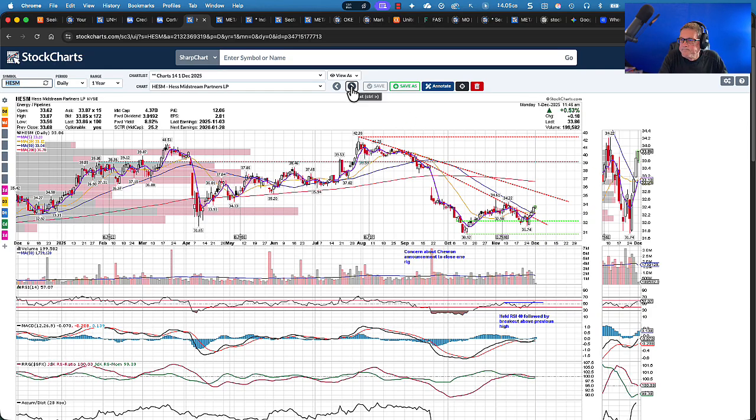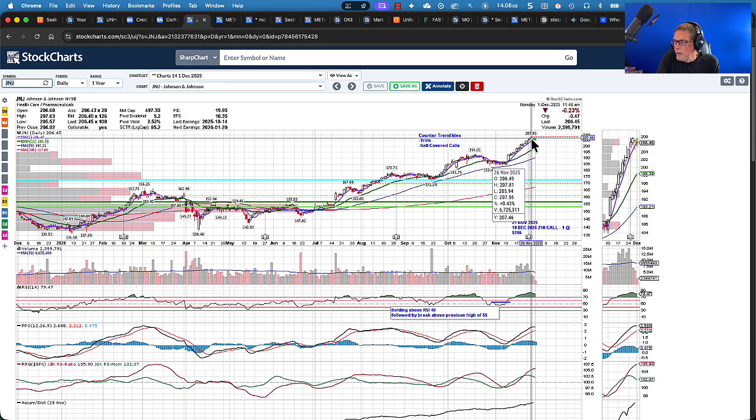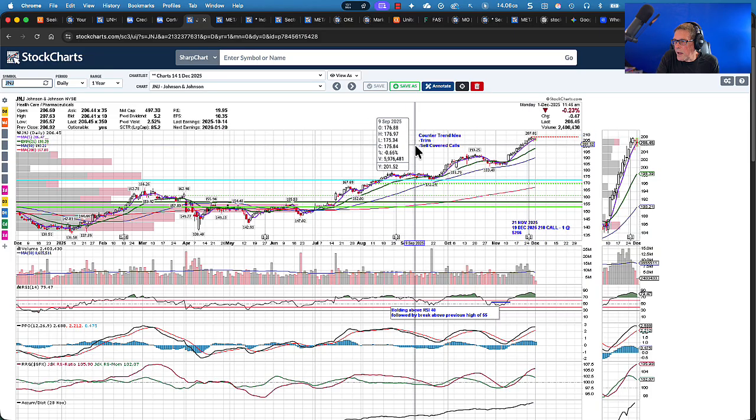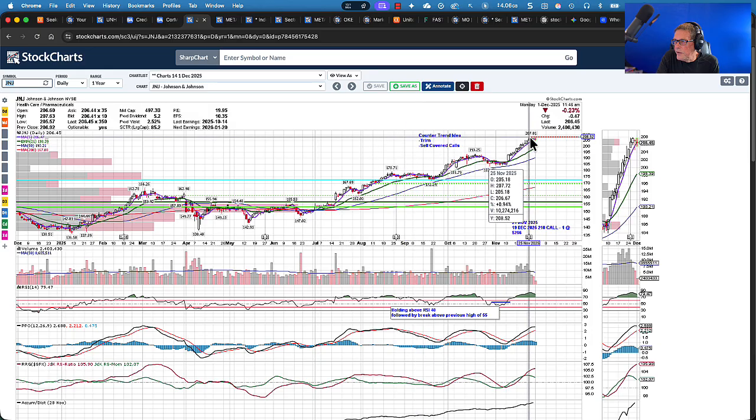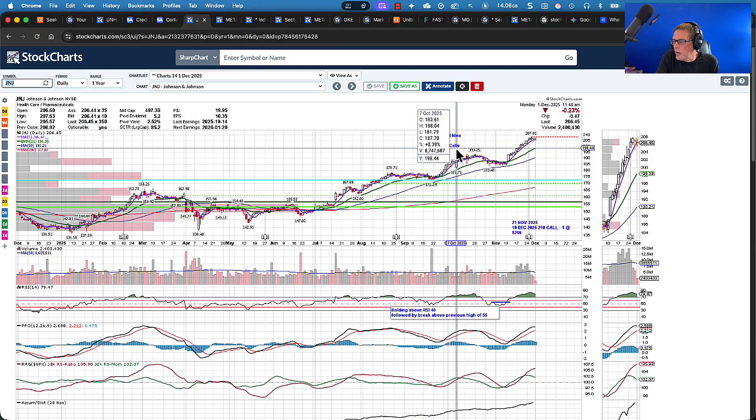Johnson & Johnson traded to an all-time high on the 26th of November. They have been trading downward, and they're down today. This gave me a counter trend idea to either trim some shares or to sell covered calls.